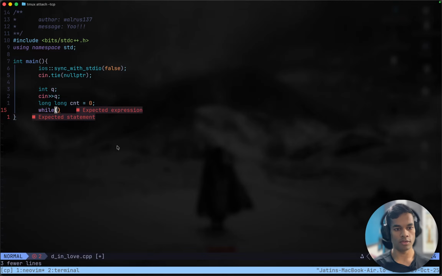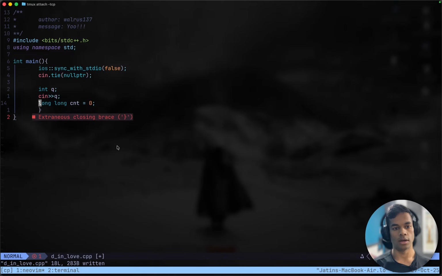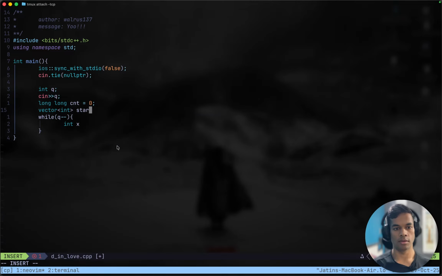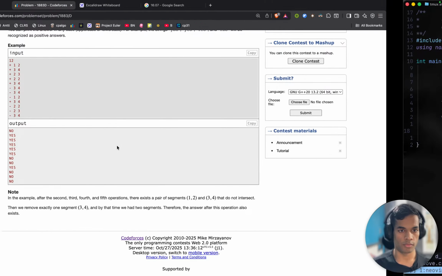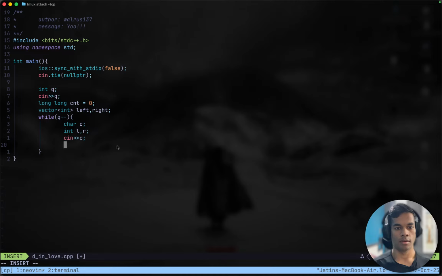Now, we also need a vector of integers, left and right, and L and R, and a character C in L and R.